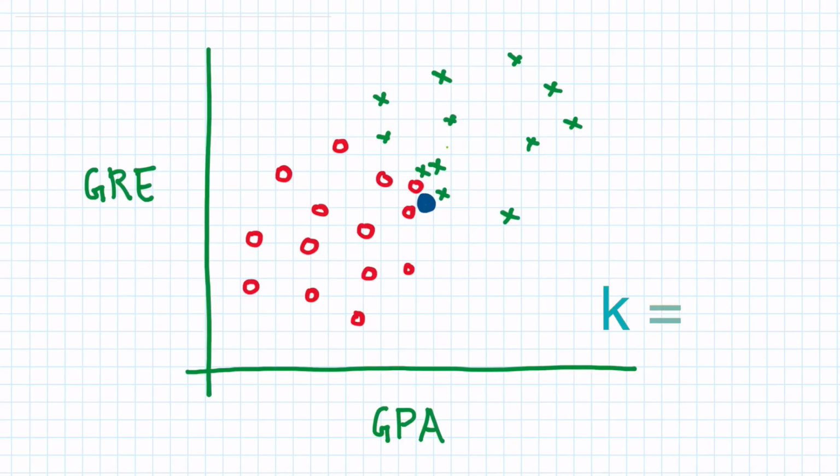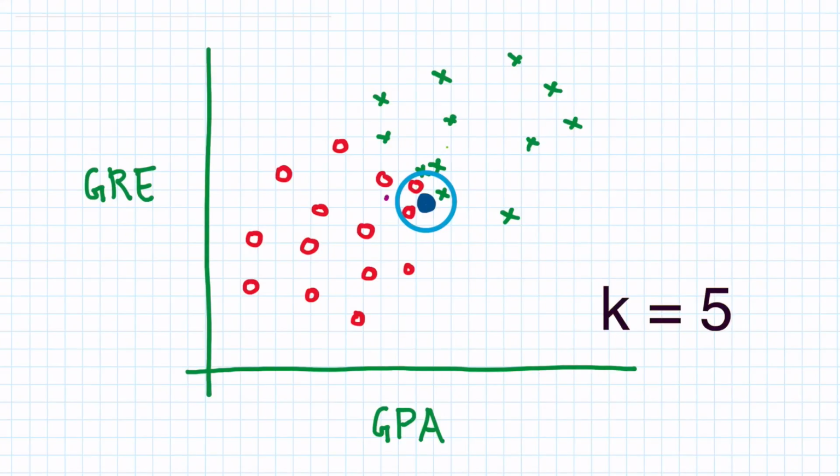So if you consider k to be 3, which means we look at the 3 closest neighbors to this new data point, you find that in 2 cases student applications were rejected, and in 1 case student application was accepted. Because the majority vote is towards not accepting the candidate, the prediction will be that we classify this new application towards not accepting.